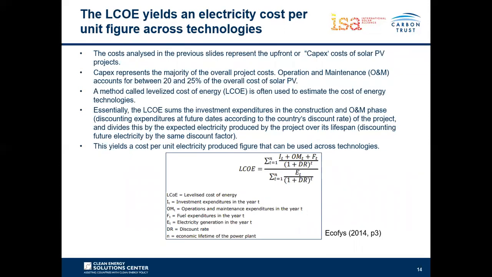How this is done is it sums the amount of energy throughout the lifespan of the project, and it sums all of the costs throughout the lifespan of the project, from the CapEx and the OpEx, and it divides the total cost of the project by the total expected energy to be produced to yield a cost per unit energy for the project. And obviously the future costs are discounted at a defined discount rate, as well as the electricity generated in future also being discounted at a predetermined rate.